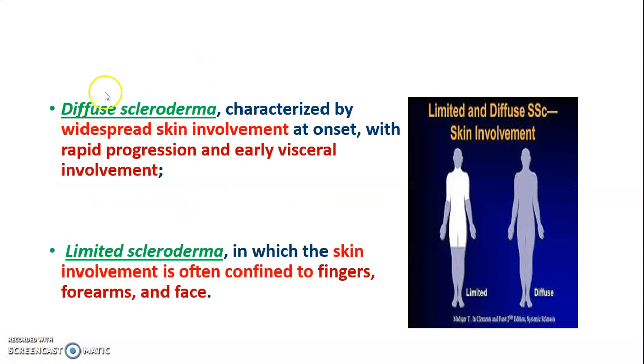Scleroderma is of two types, diffuse and limited. Diffuse scleroderma is characterized by widespread skin involvement at the onset of disease with rapid progression and early visceral involvement. In limited scleroderma, the skin involvement is often confined to the fingers, forearms, and face, so it is known as limited, while in diffuse, skin involvement is widespread.